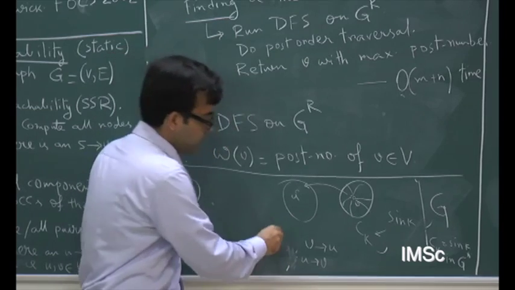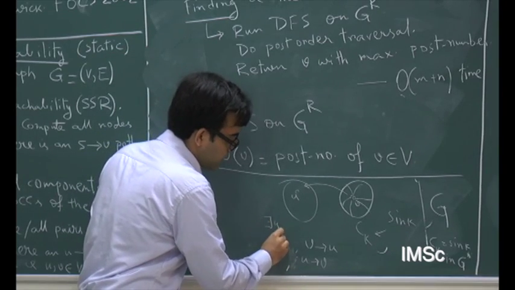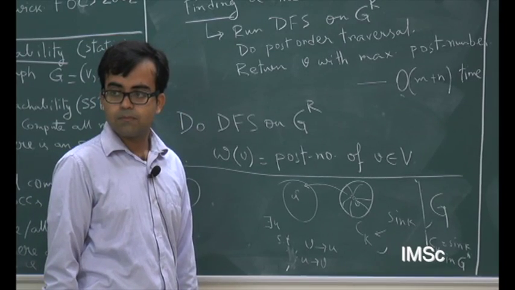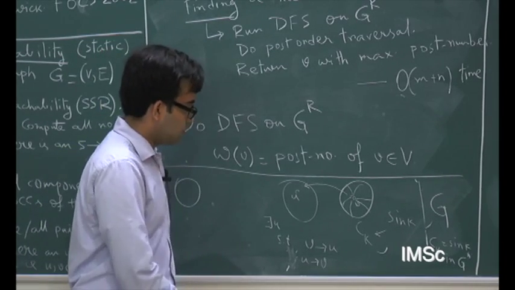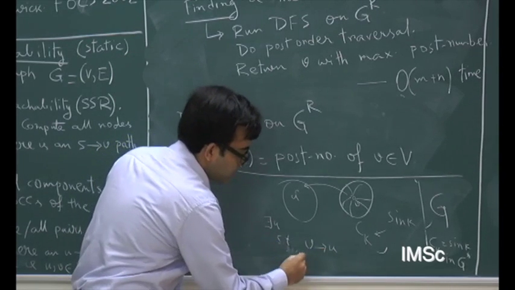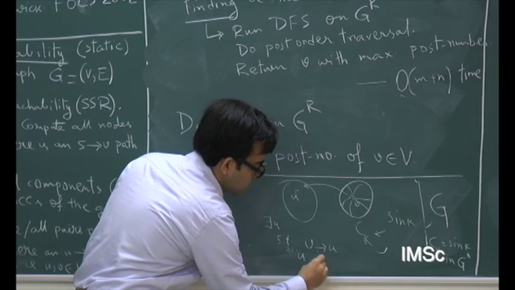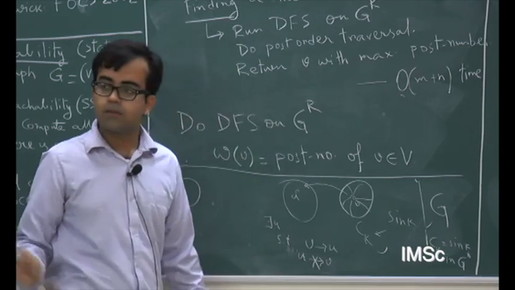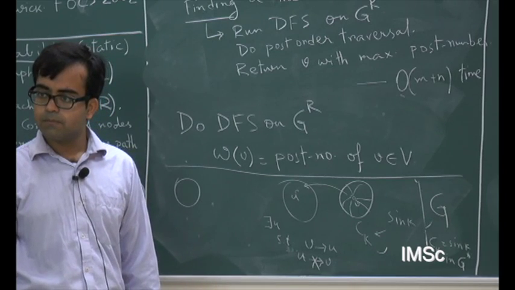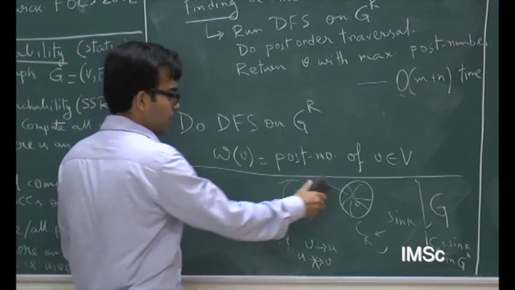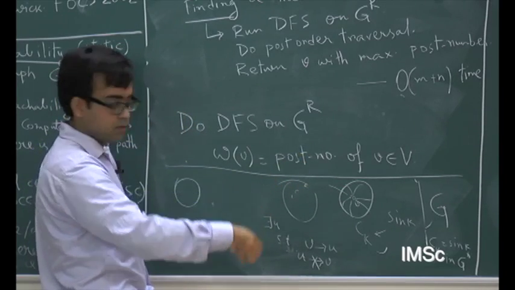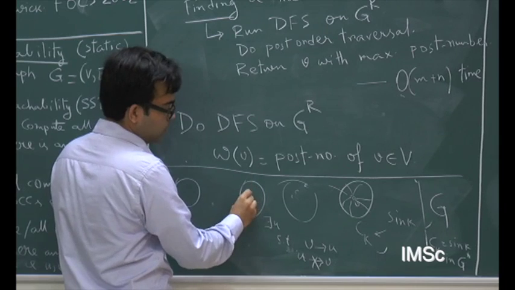Suppose you are saying that there exists a node U such that these two conditions hold: V to U is a path, but U to V is not a path. Where is this U? It belongs to some strongly connected component. Somewhere here. This is the topological ordering of the meta graph. U is here.